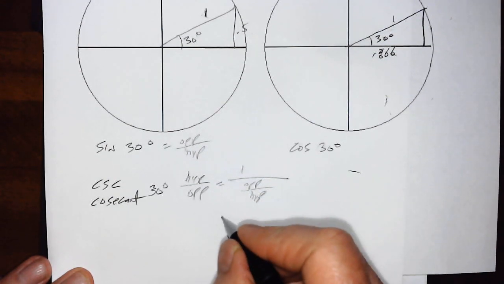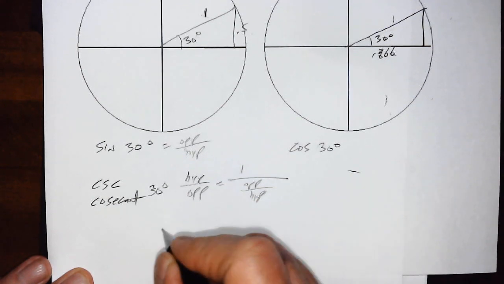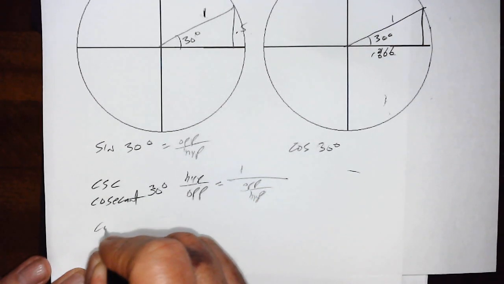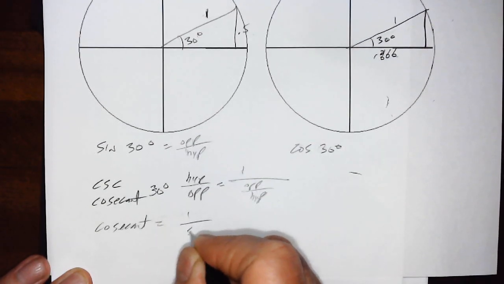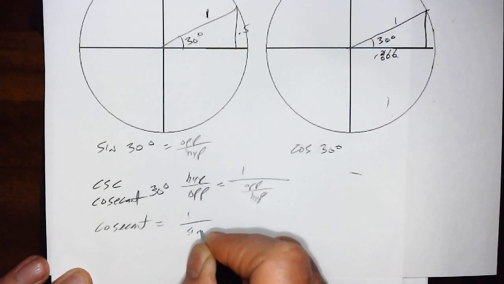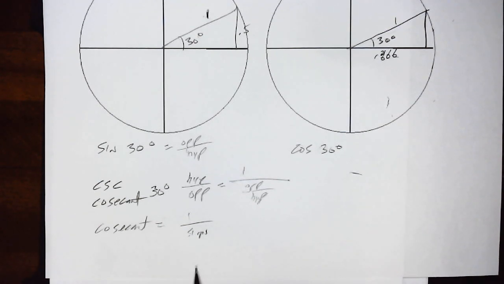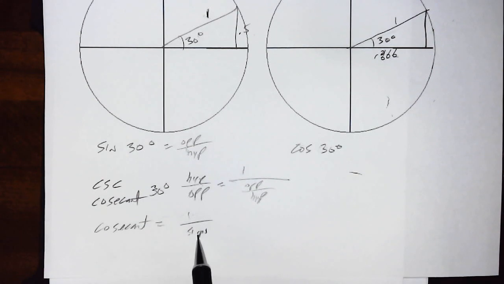In other words, you could say the cosecant is 1 over the sine. That's the point that we often use. If we know the number for the sine, we can put 1 over it and get the cosecant.